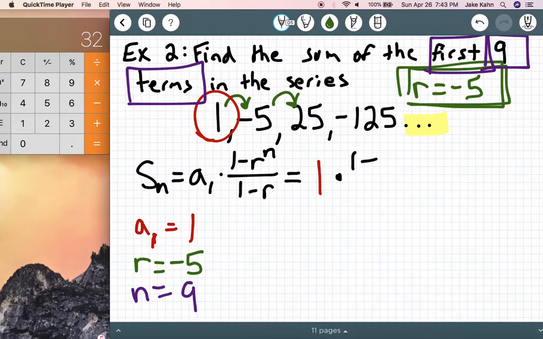So r to the n power is negative 5 to the 9th power. And that is all divided by 1 minus r, which in this case is 1 minus negative 5.